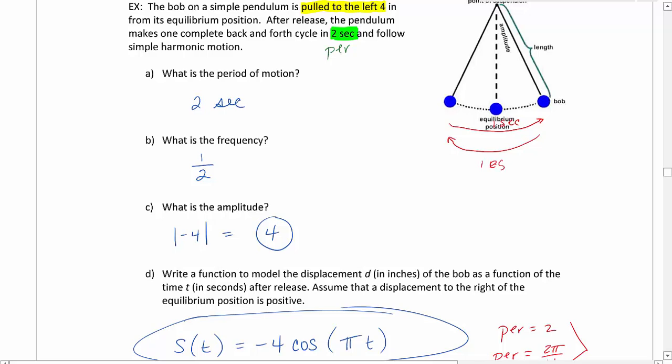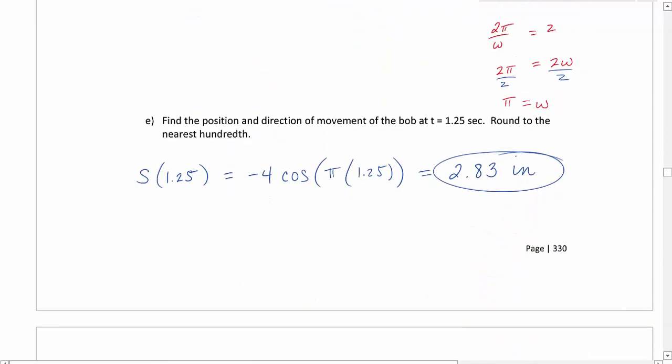And the position that we just found was at 1.25 seconds. So it's already swung all the way to the right, and now it's beginning its backswing. So we're at 2.83 inches, and we're swinging to the left.